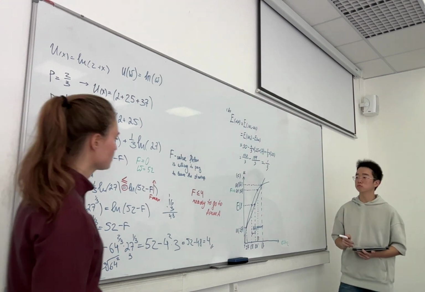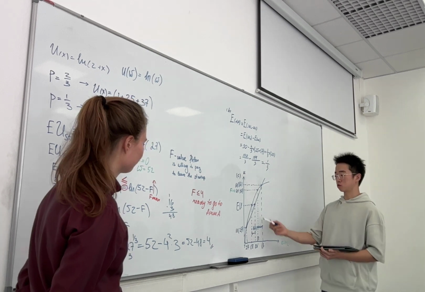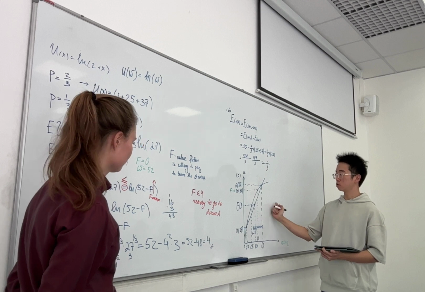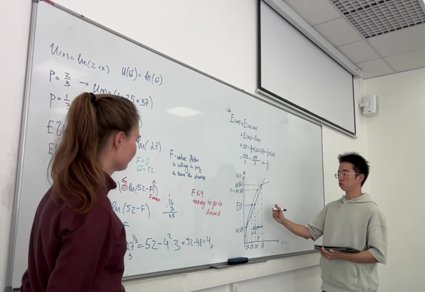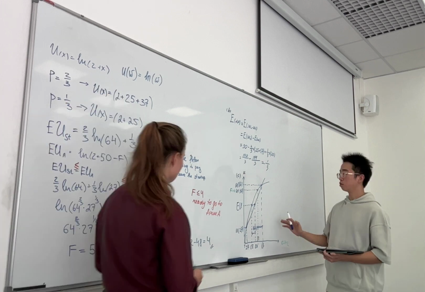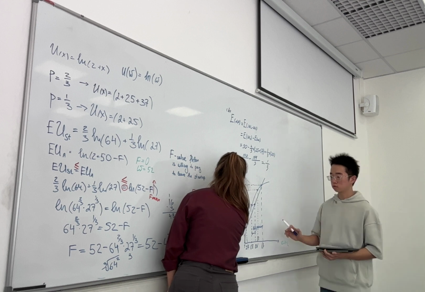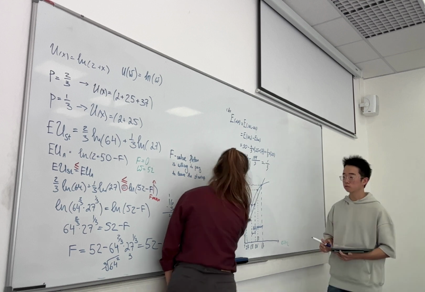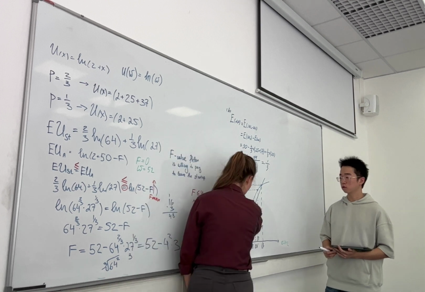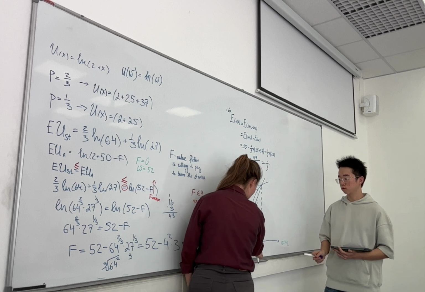Where is the expected utility from the startup? This one. So we should make this one equal to the utility from 52 minus F maximal. Agree? We equalize them. So this is 52 minus F maximal.